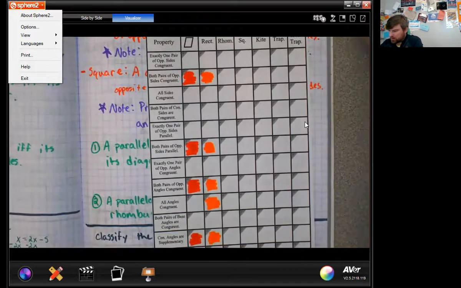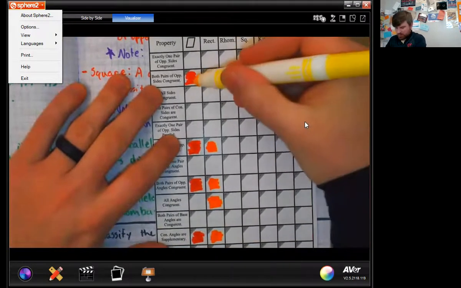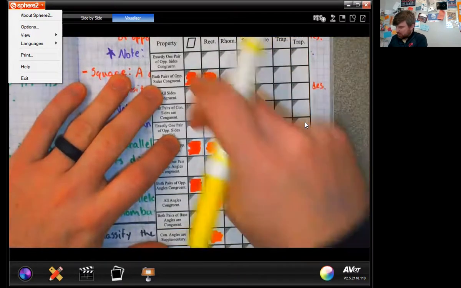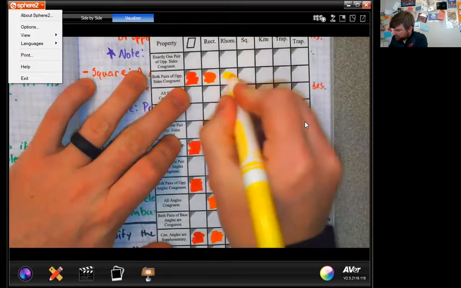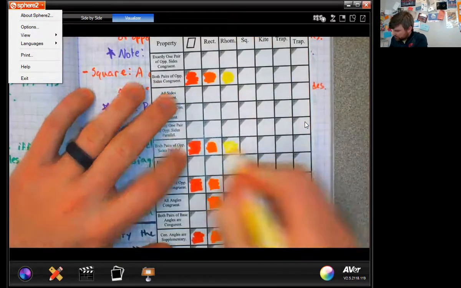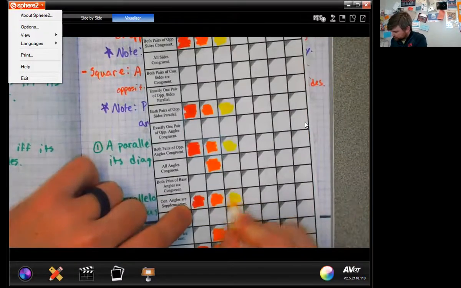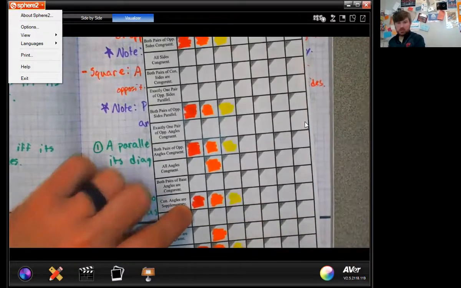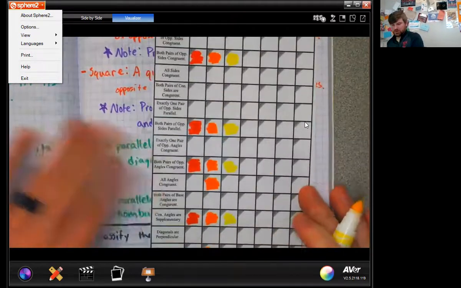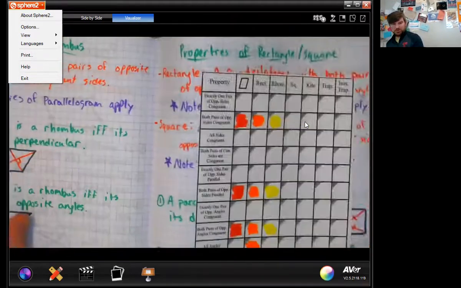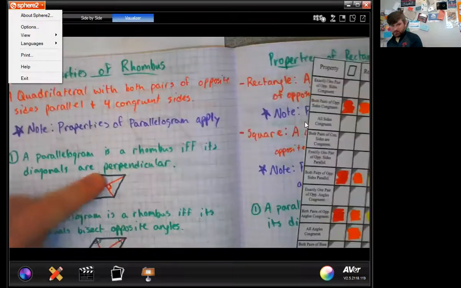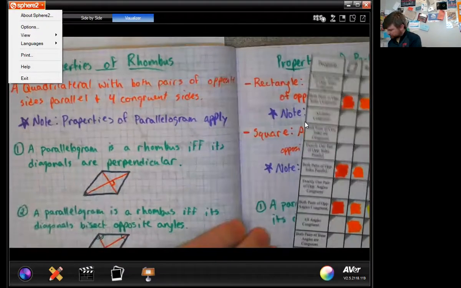Next we have the rhombus, which I did in yellow. A rhombus has all the properties of a parallelogram. Be careful here not to do the rectangle ones. It has all of those properties, but then also the diagonals are perpendicular, which we took notes on.